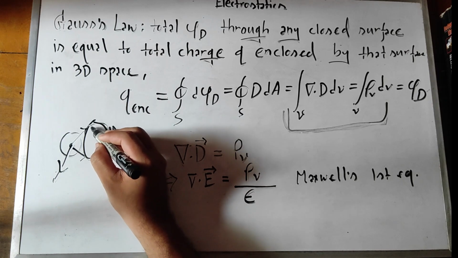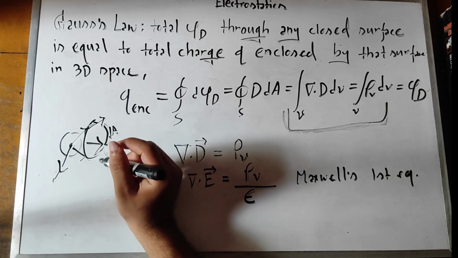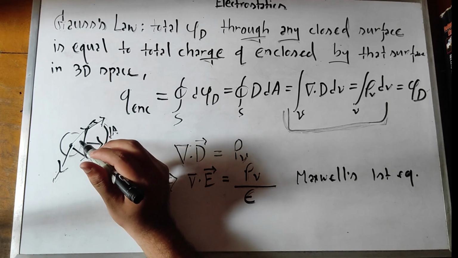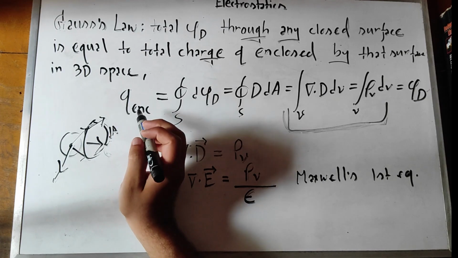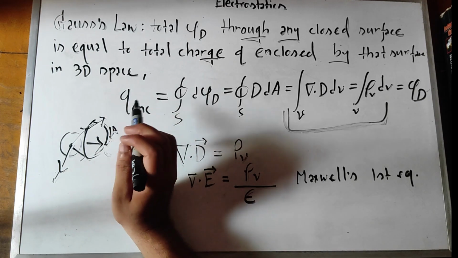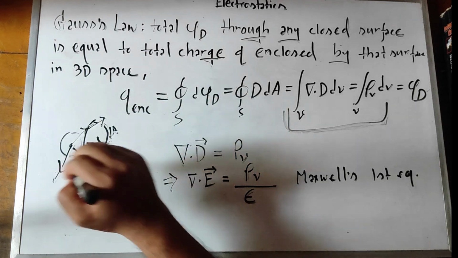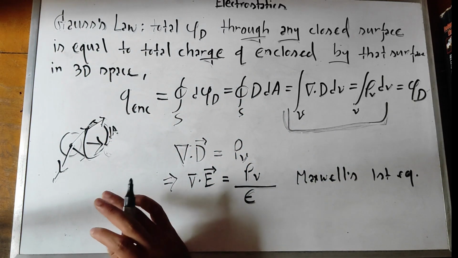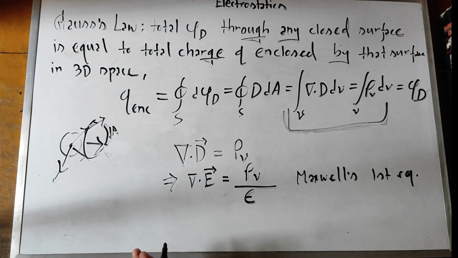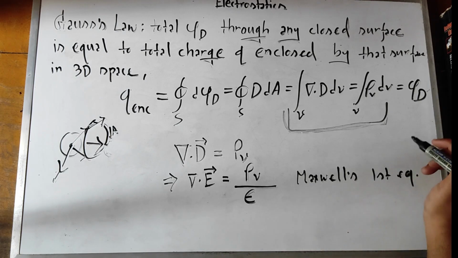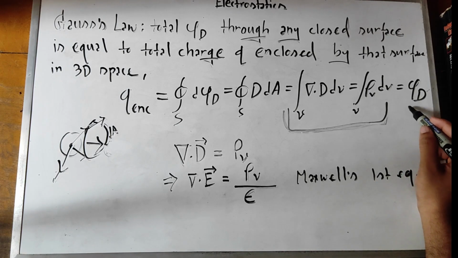So in this closed surface the flux is equal to the enclosed charge, and over the full 3D region it's the total charge, which by value is the flux itself.